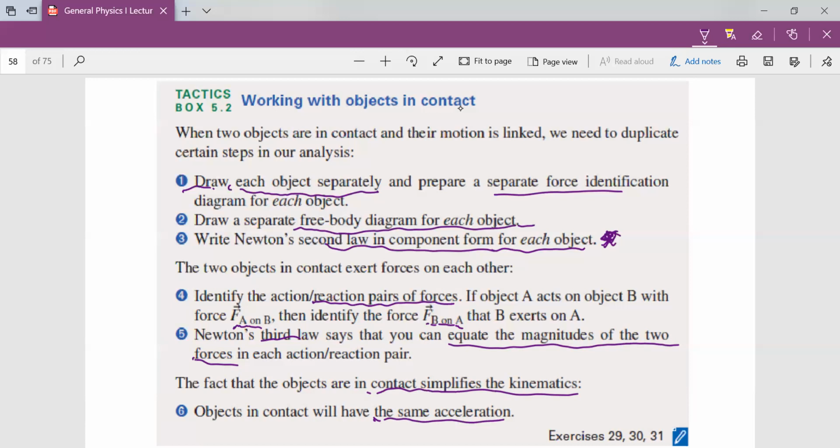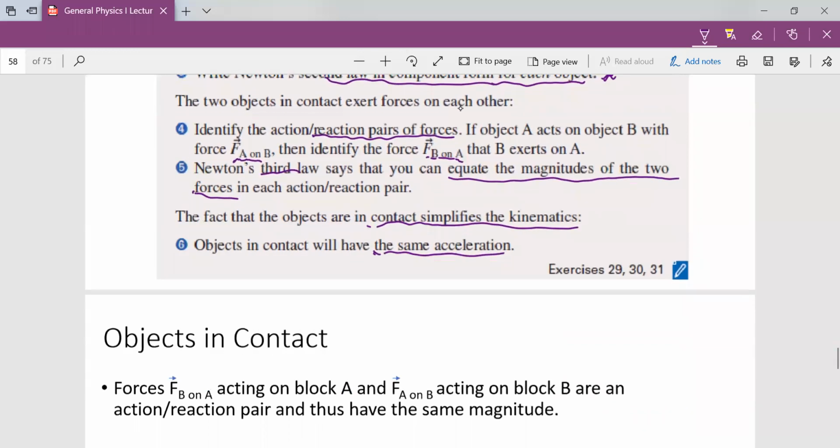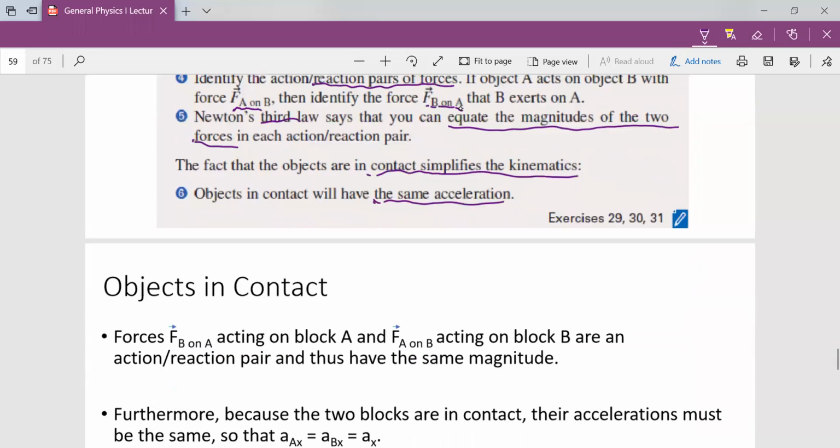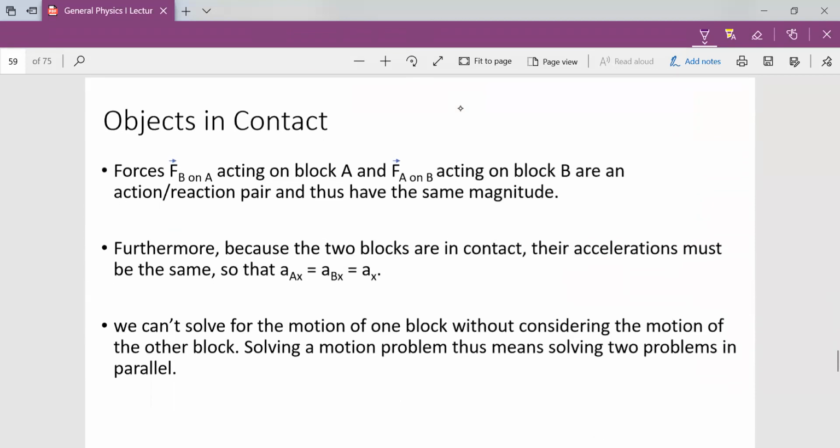So we will have F equal to ma, and the acceleration will be the same. All right. So we have also emphasized that the action force will be equal to the reaction force, and they will have the same acceleration. Those 2 points we should always keep at our fingertips.